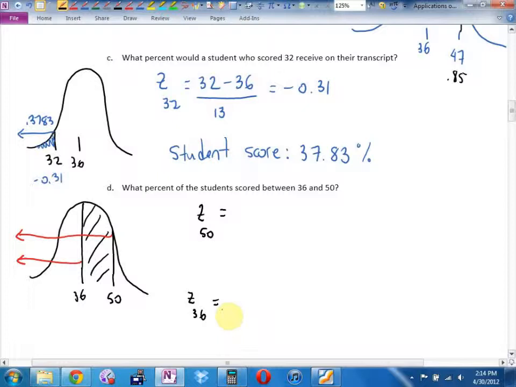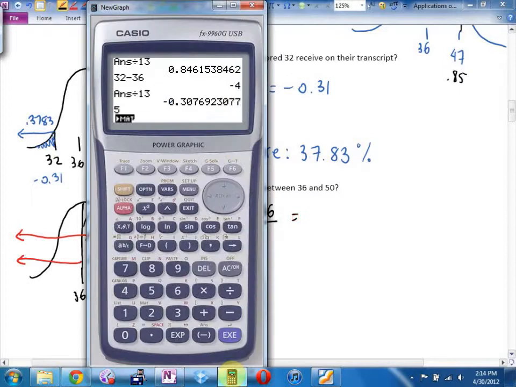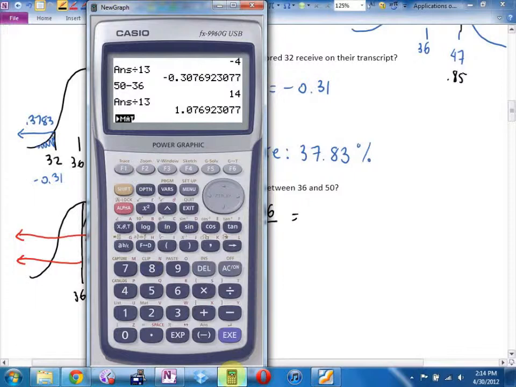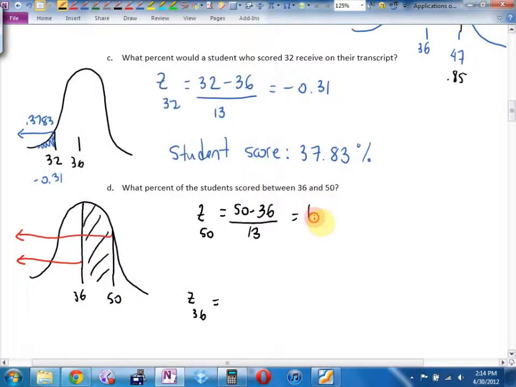Oh, you already did? Okay. 1.08. Oh, that makes sense, because the mean is 36 and the mean on the standard is 0.